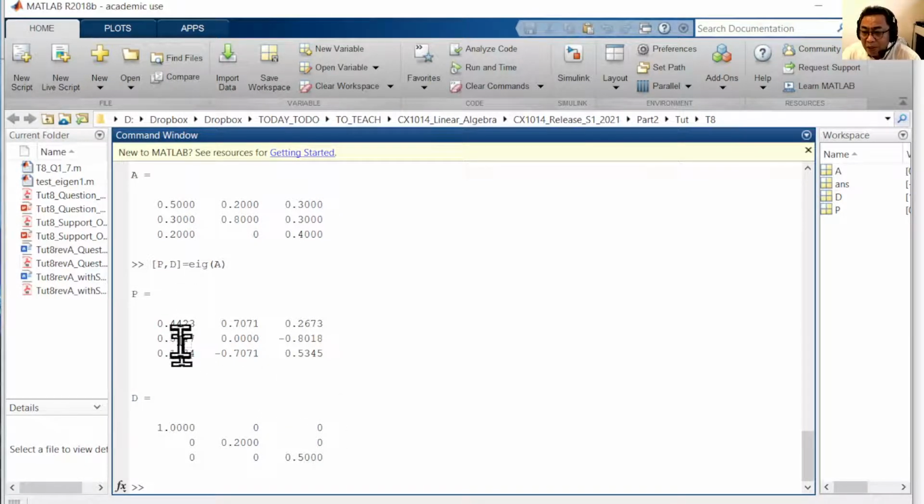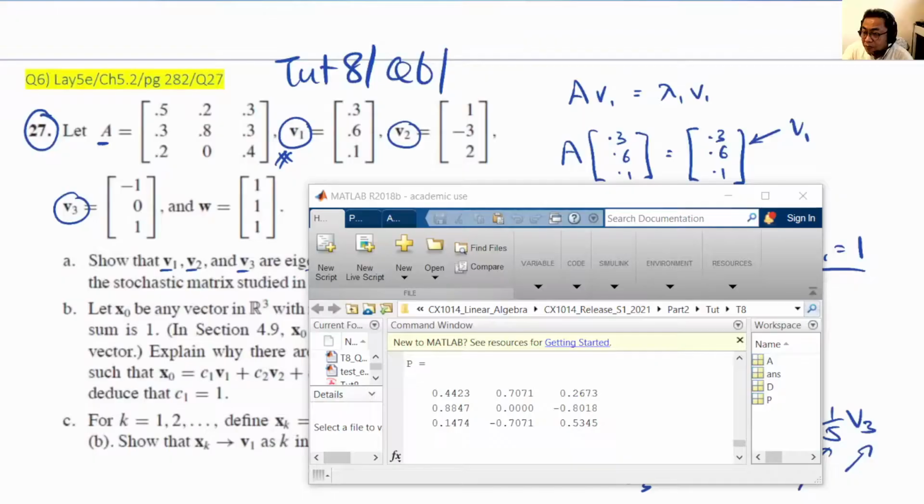If you compare that to the eigenvectors, 1 is for this eigenvector, 0.2 is for this eigenvector, and 0.5 is for this eigenvector. Now, it may appear to be very different from what we had in our text, but look at this more carefully.